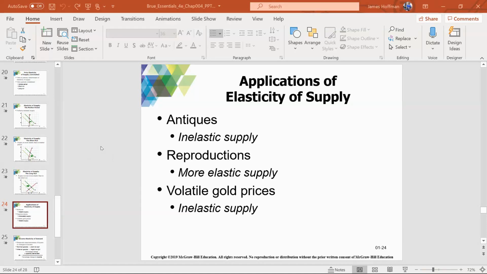The longer the firm has to adjust, the more elastic supply is. Again, we're looking at how firms change their supply in response to the market price of the good. Let's look at two extreme examples.